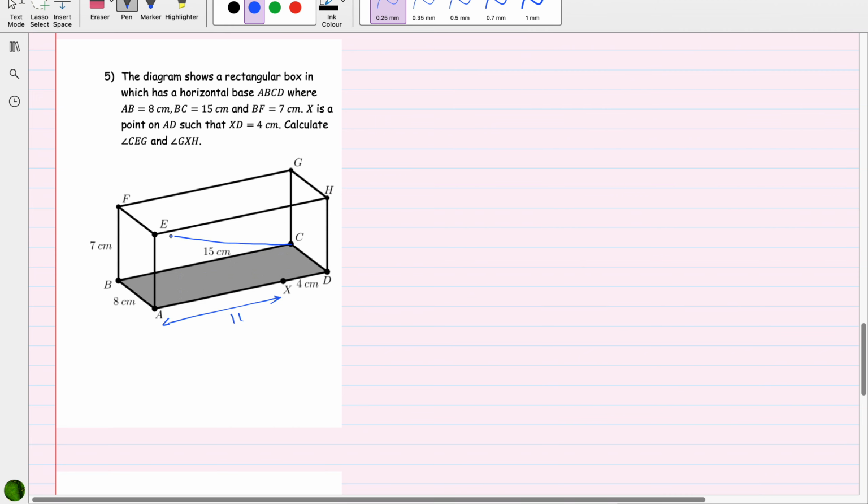Calculate CEG. So this is C, this is E, and this is G. To find this angle CEG, we will be using two things. I know this length is 15. For EC, you need to find the length, which is the square root of 15 squared plus 7 squared plus 8 squared.